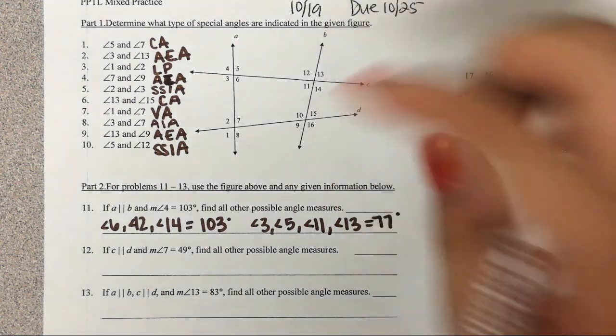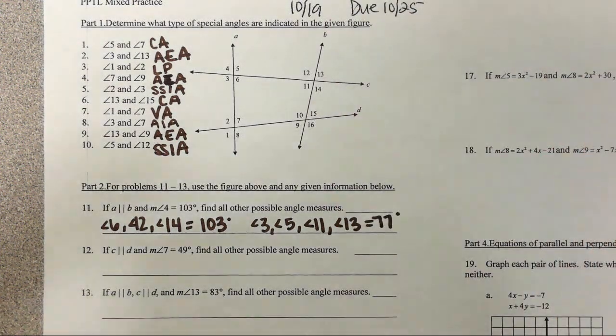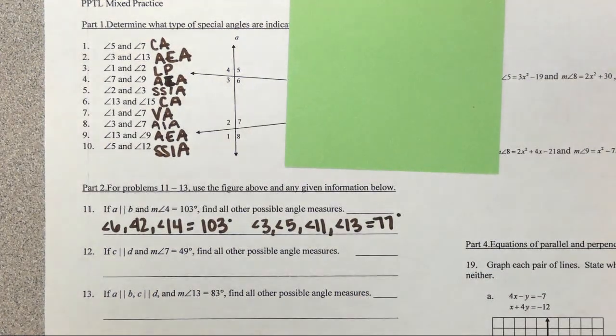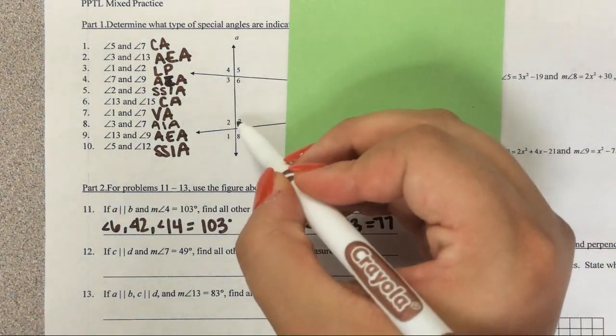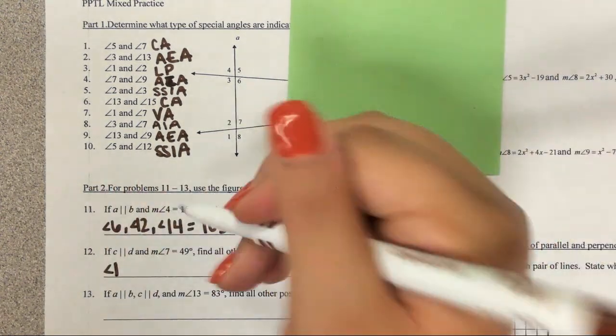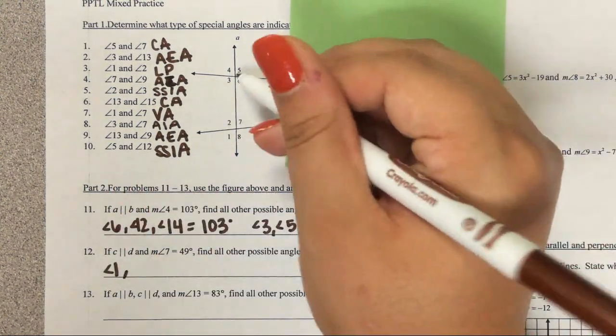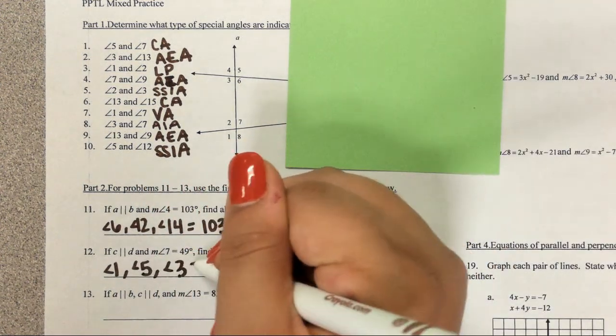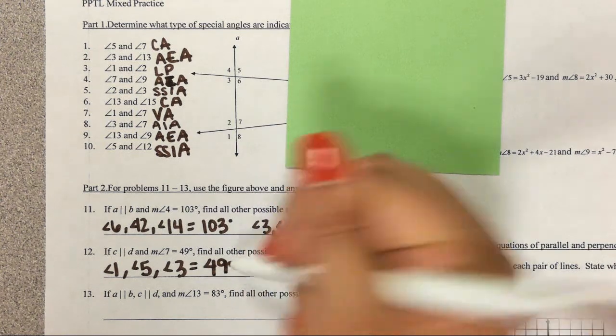Now C and D are parallel, and I'm giving you angle 7. That means you don't need to worry about that. So if 7 is 49, then so is angle 1, because that's vertical angles, and angle 5, because that's corresponding, and angle 3 are also 49 degrees.